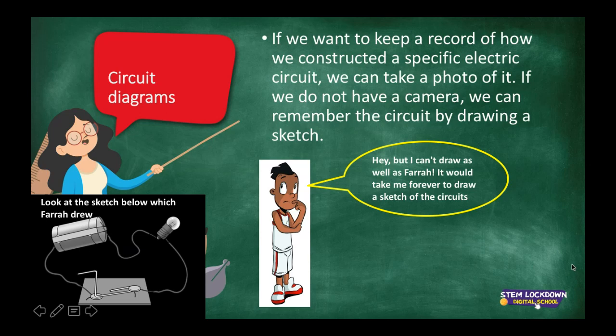So please help Johnny and tell Johnny how he can draw that circuit. He says he cannot draw. It is too hard for him. So what can he actually do? All right, I see JD says take a photo.